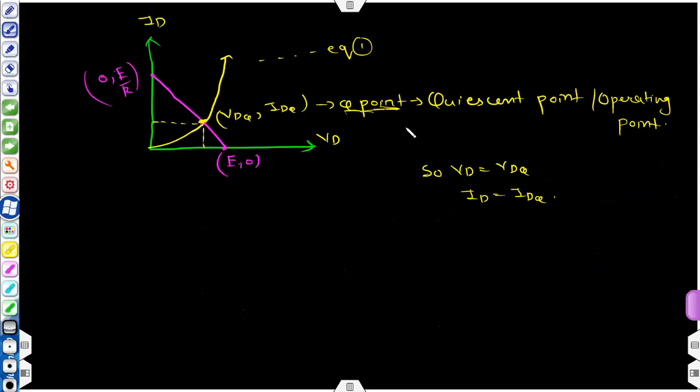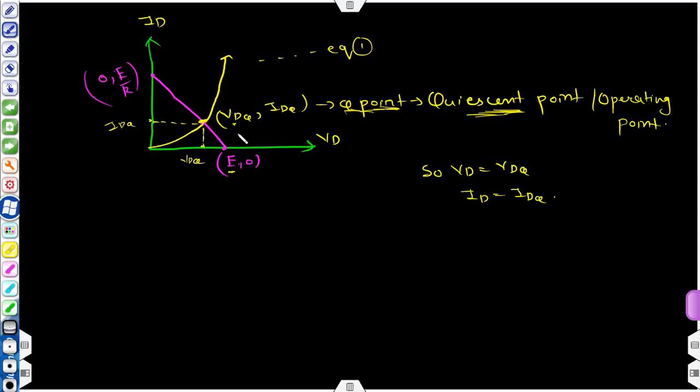At this point, the voltage drop across the diode is VDQ, and the corresponding current is IDQ. This is known as the Q point, the quiescent point. Quiescent means still, ठहरा हुआ.